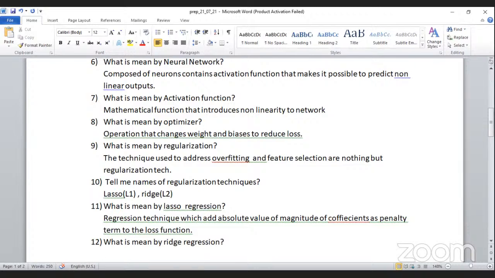Both of the regularization techniques are the same, just there is a difference in the penalty term. L2 norm function in ridge, the coefficients will never be zero.